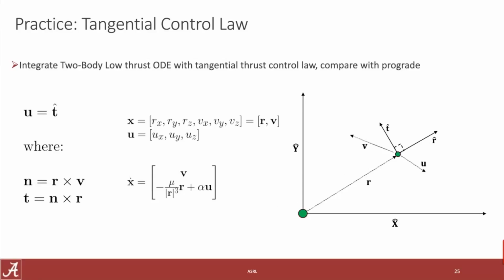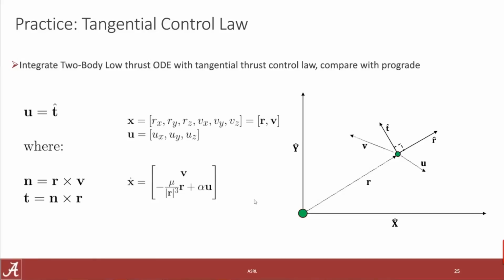You'll need to make a vector function that is a tangent control law, instantiate that previous two-body with low thrust ODE that you wrote, and then instantiate an integrator off of that ODE with this tangent direction control law. So we'll take some time to do this practice.